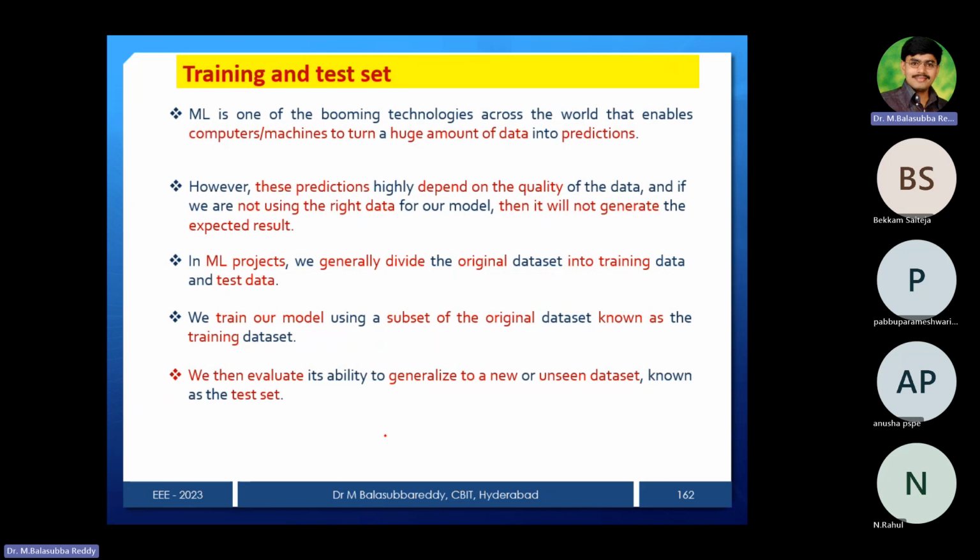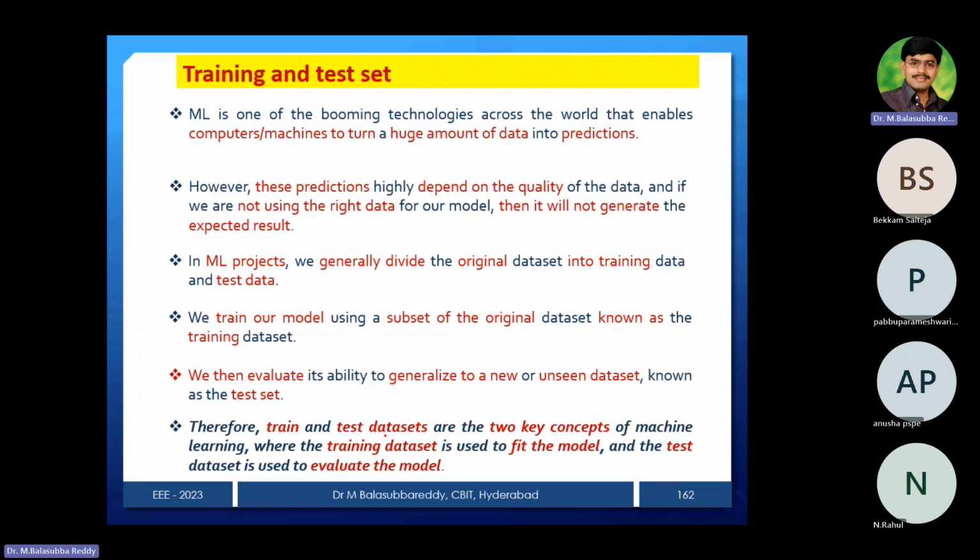That's why we then evaluate its ability to generalize to new or unseen data, which is known as the test set. The train and test data sets are the two key concepts of machine learning, where the training data set is used to fit the model, or to train the model, or to develop a model, and the test data set is used to evaluate the model.